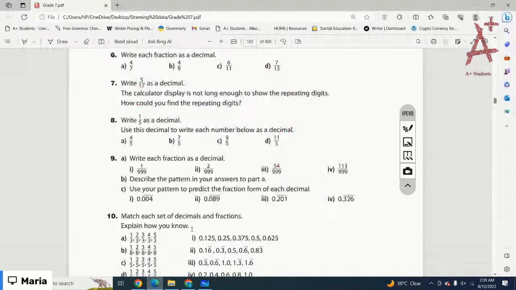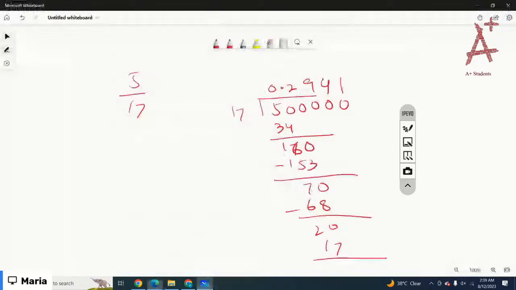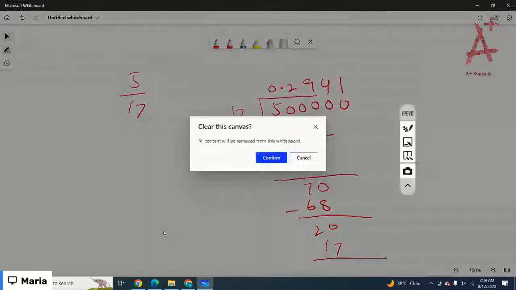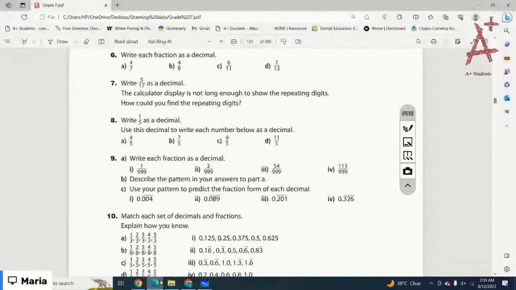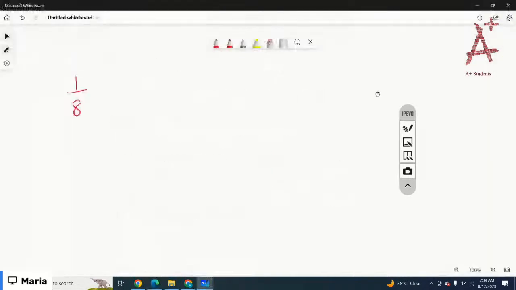Question number 8. Write 1 by 5 as decimal. Use the fraction to write each number below as a decimal. You have to write 1 by 5 as decimal, right?